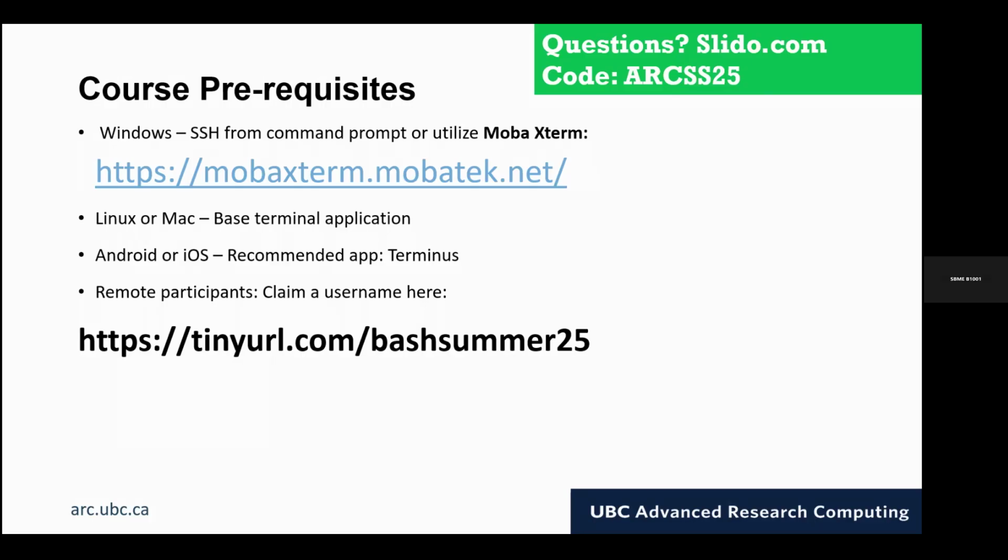Please just place your name or initials next to one of the usernames to claim it for your use during the session. For everyone who's in the room, the slips are just the username that you'll be assigned. The actual login information will be on the slides as well.